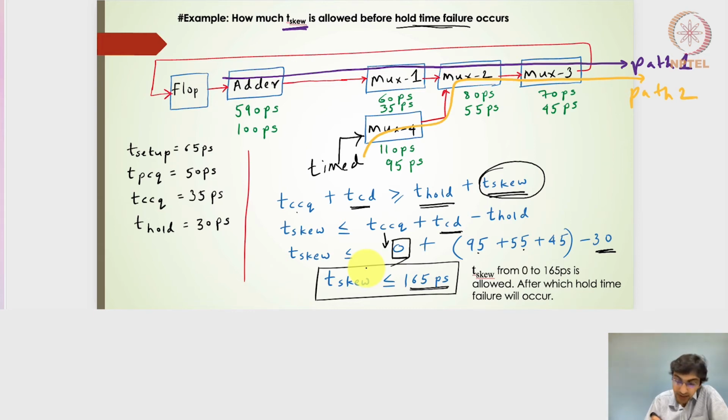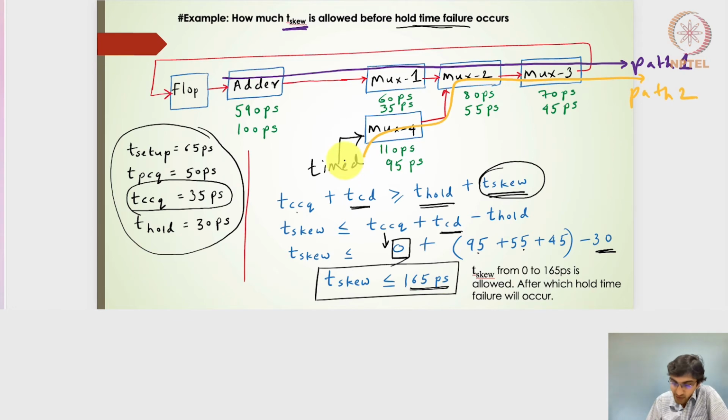So what do we do? Let's say that this MUX4 is also timed. That means that we will also use some kind of a flop here, which will have the same characteristics as this one. So if I use this TCCQ, I will get this 35 picoseconds. So this 35 picoseconds has to be added here. So it will go to 165 plus 35 picoseconds.